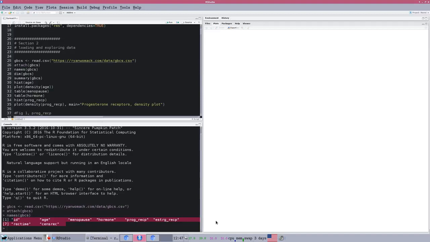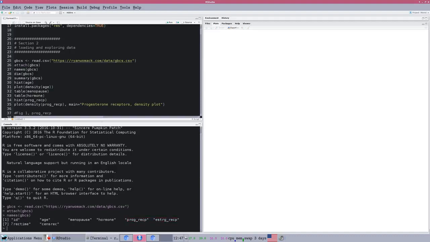We look at the age of the women, whether they've gone through menopause or not, whether they've had hormone therapy, and also two physical measurements, the number of progesterone receptors and the number of estrogen receptors that they have. Those measure their sensitivity to hormones in the body.